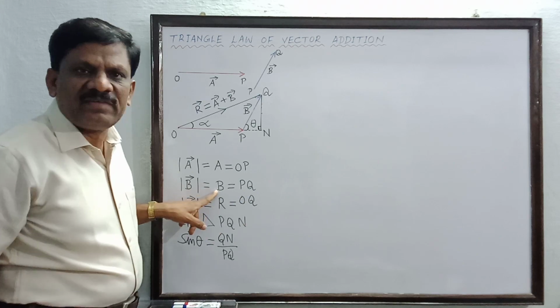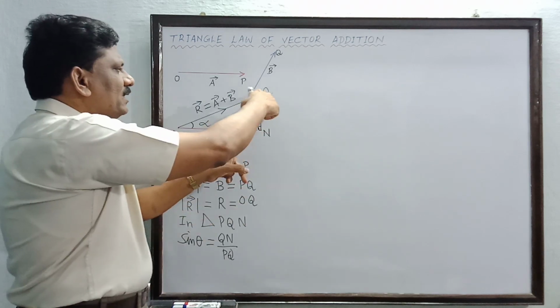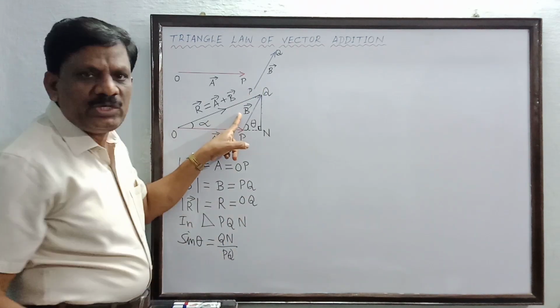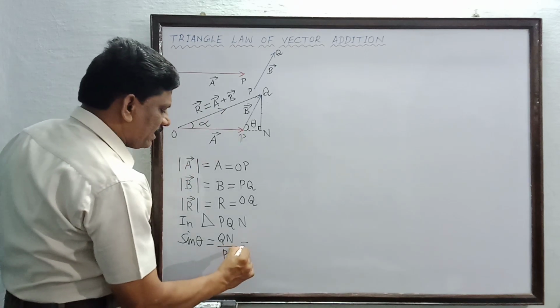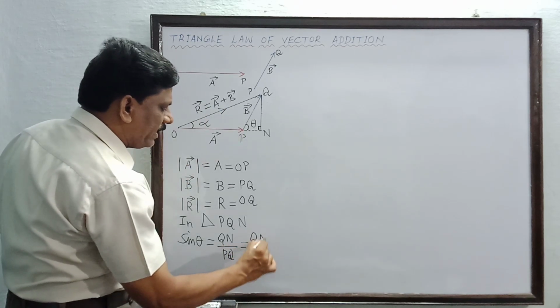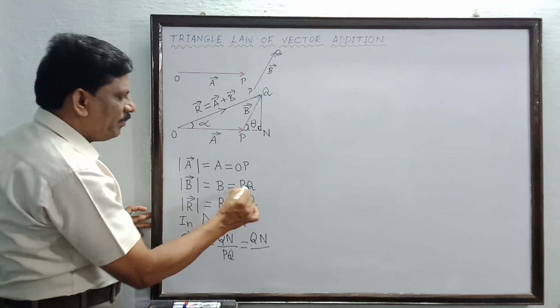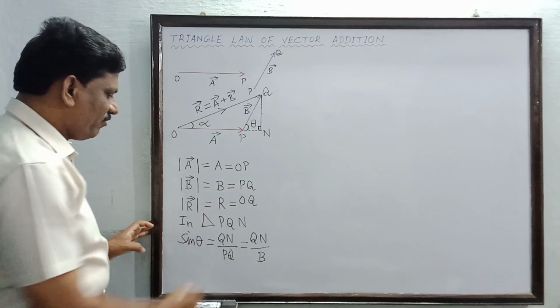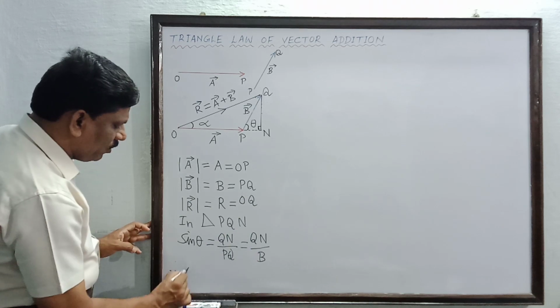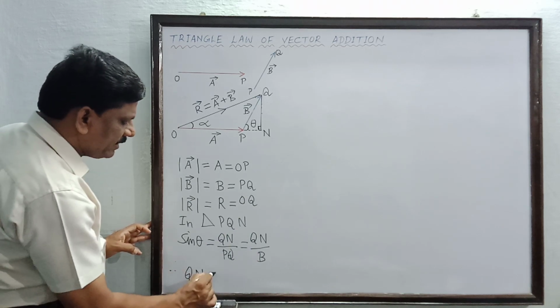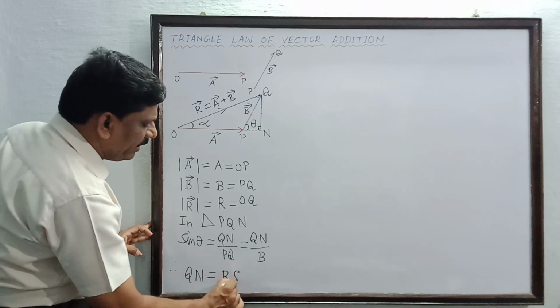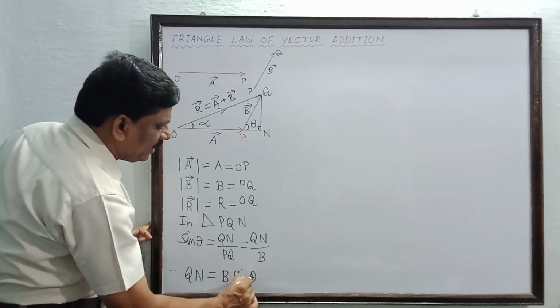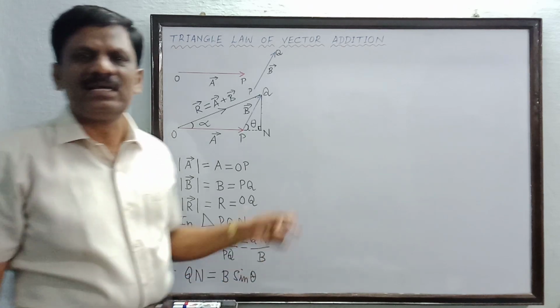The magnitude of the vector B. See here, this PQ has a magnitude of the vector B. So QN divided by PQ is equal to sine theta, and I am substituting B. Therefore, QN alone is equal to B into sine theta. B sine theta. Is it not?